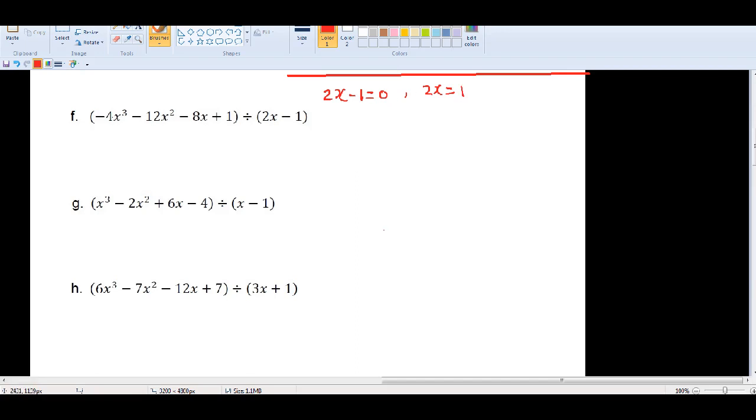If you put that 1 to the right hand side, then x equals 1/2. That's basically the way to find the x for the remainder theorem. Now x equals 1/2. Then you are going to substitute that 1/2 into x.